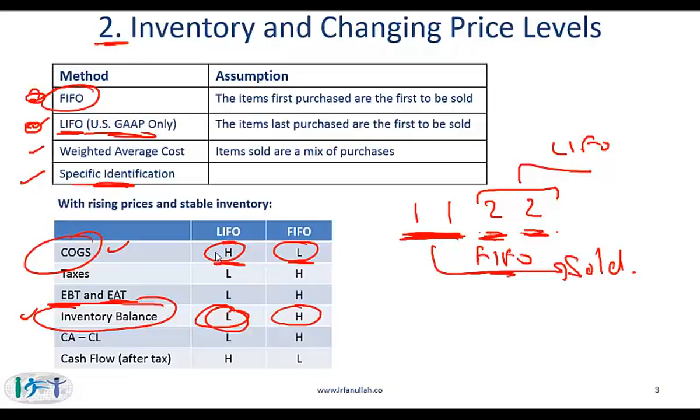If the cost is high, then the earnings will be low. So that's why LIFO earnings are low. If the earnings are low, then the taxes will also be low, right? If the taxes are low, then the cash flow, which is after tax, is going to be high for LIFO.